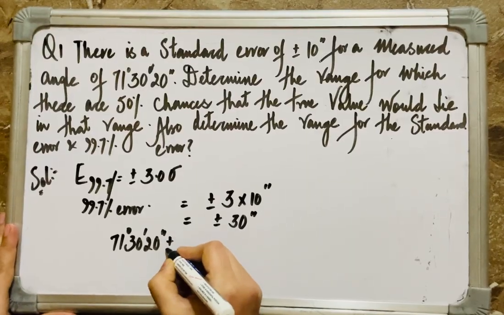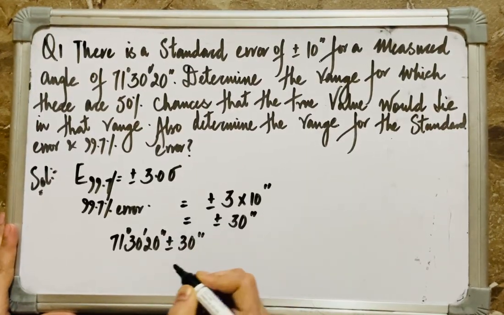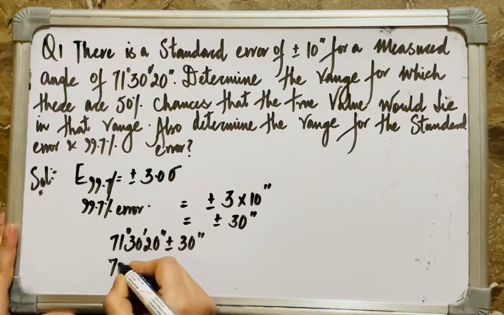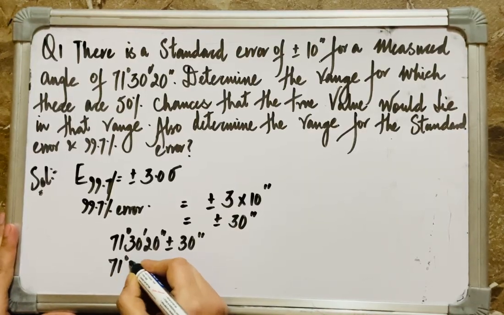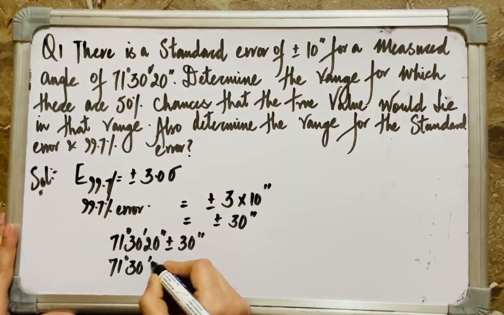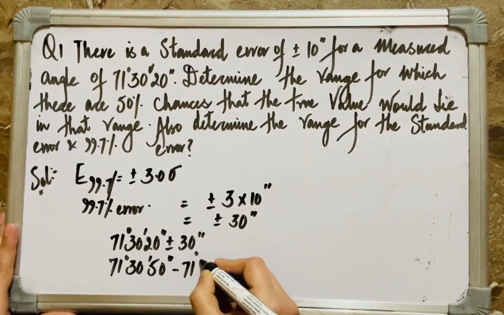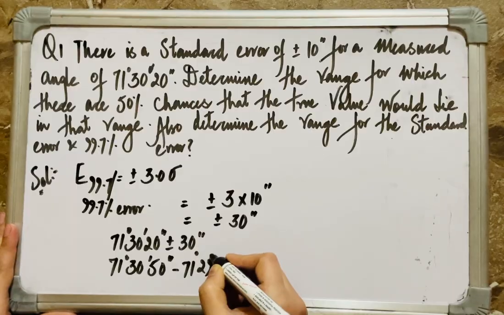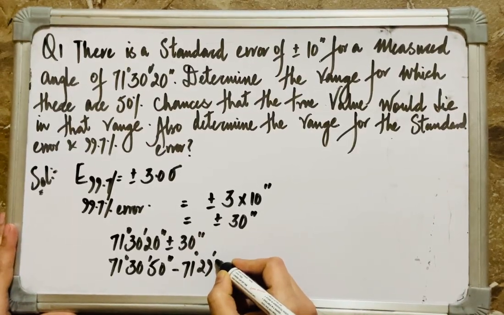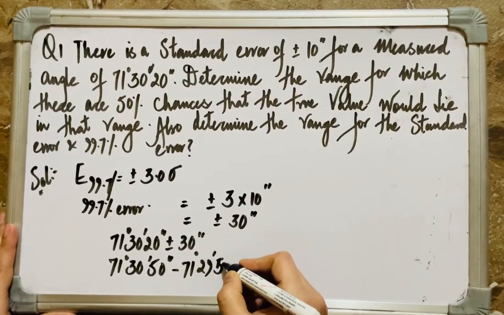That is plus minus 30 seconds. So this will lie in this range, 71 degrees, 30 minutes and 50 seconds to 71 degrees, 29 minutes and how many seconds? 50 seconds.